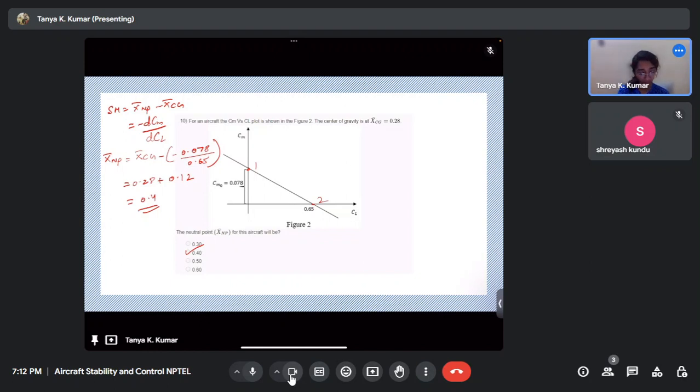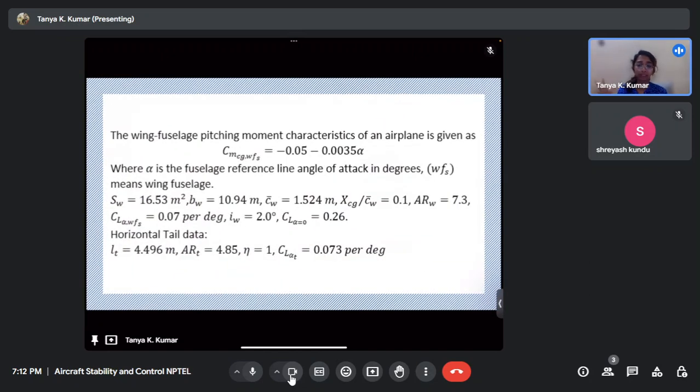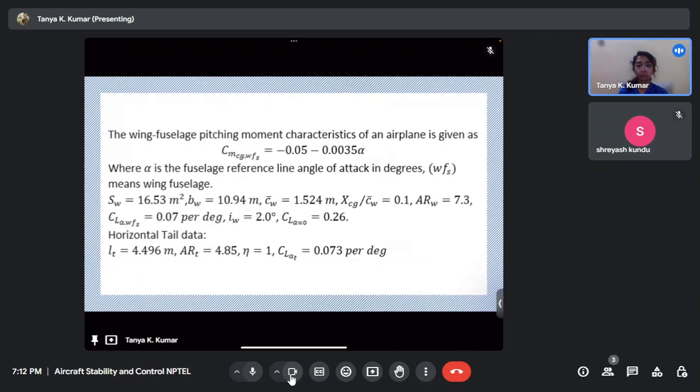Okay, next question. Just read the data given to you in this question, then we'll answer a series of questions based on this data. The wing fuselage pitching moment characteristics of an airplane are given by the equation, with Cm naught and Cm alpha for the wing fuselage combination, where alpha is the fuselage reference line angle of attack in degrees.